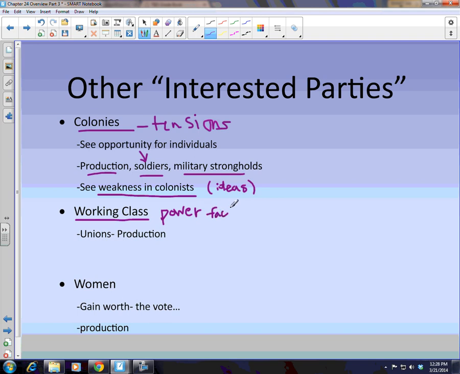So this gave unions and other advocates for labor a lot of clout because they were so desperately needed for the war effort. And then women, as I said, were a big part of the war effort, both at home and in factories as they moved into production roles. And in the years after the war, many women from many countries like Britain received the vote in some countries, like I said, as a symbol of the contributions they'd made in the war effort.